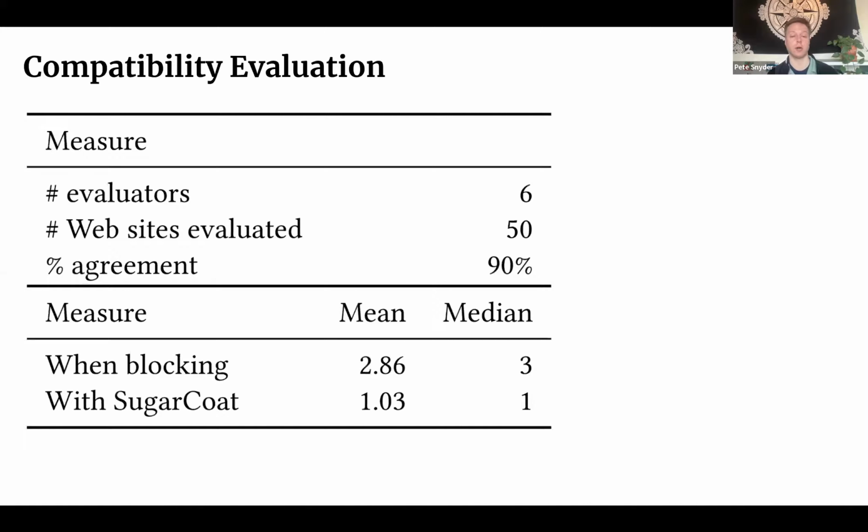And when we give them the SugarCoat version instead, the evaluators find the page works perfectly or almost perfectly. Closer to 1 is perfect. There's more measurements like this in the paper to give us more confidence that we're doing this correctly. But I hope these 3 points give you some confidence that the system is actually operating correctly and doing what we promise it's doing.